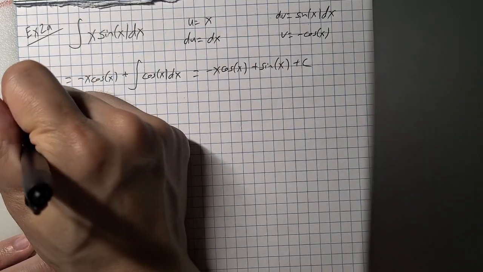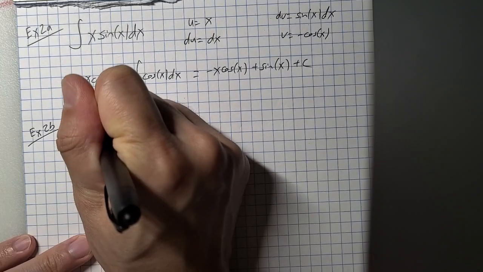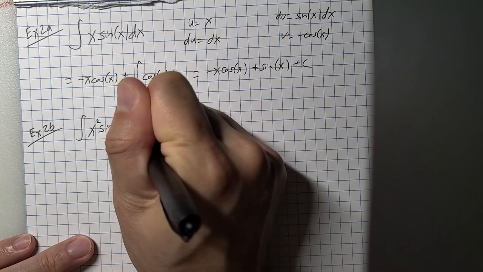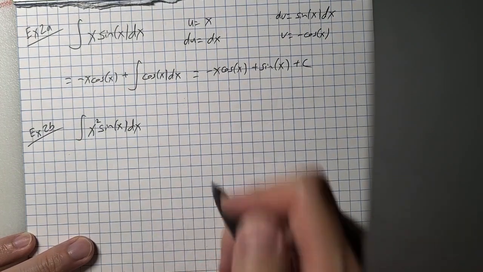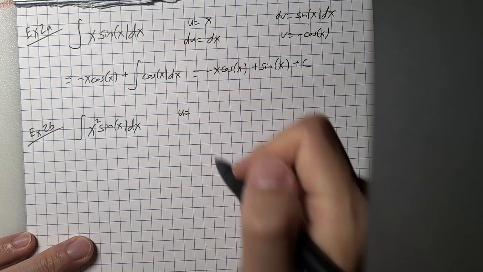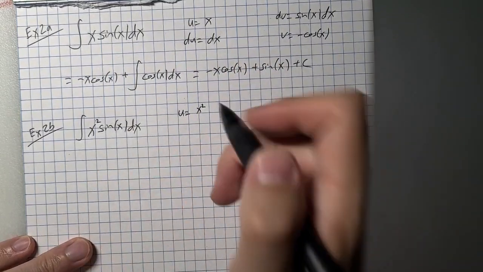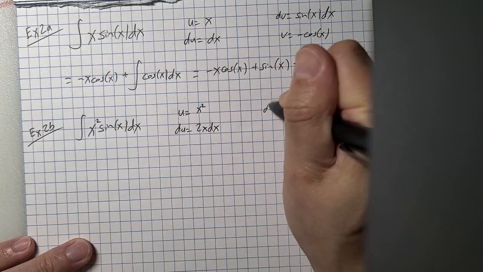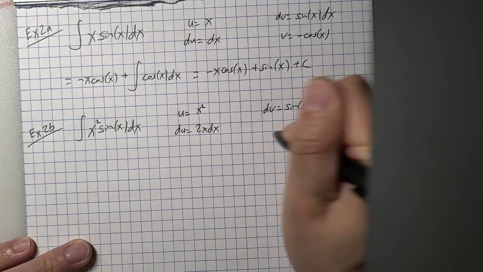Okay, so if we had, let me do example 2b, like 2 powers of x, so x squared sine of x dx. This one we have to use integration by parts twice, so let's do it. U would be, we choose x squared, remember the technique, we want to reduce the power of x. Du would be 2x dx. dv is what's remaining, sine of x dx.